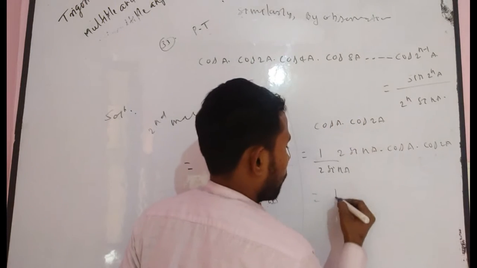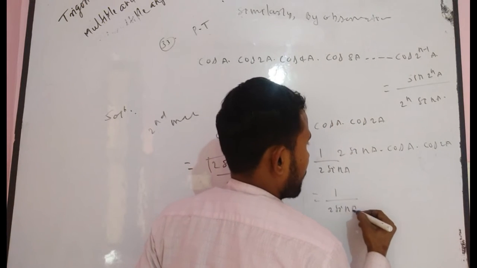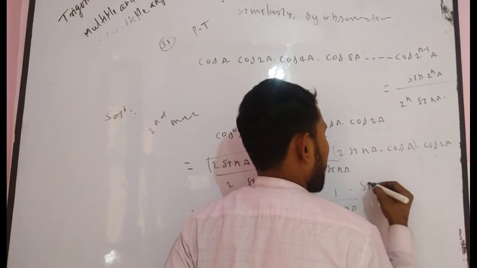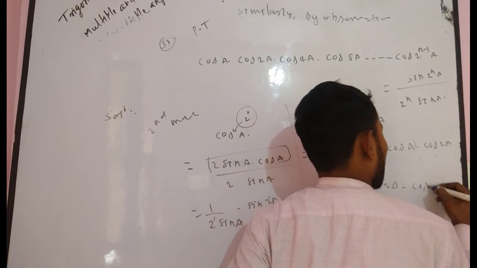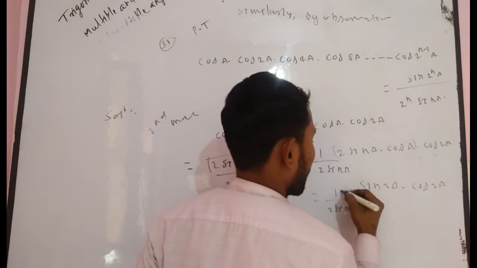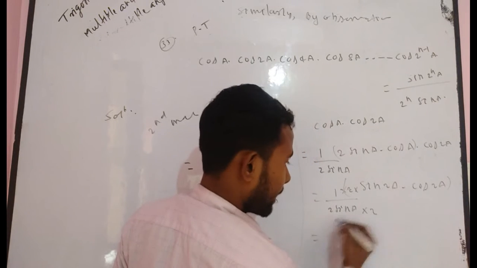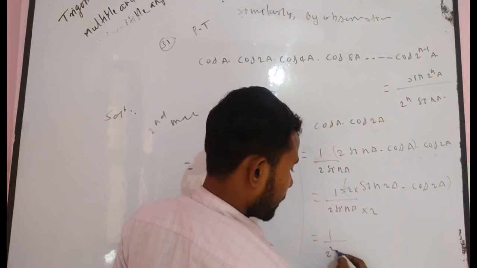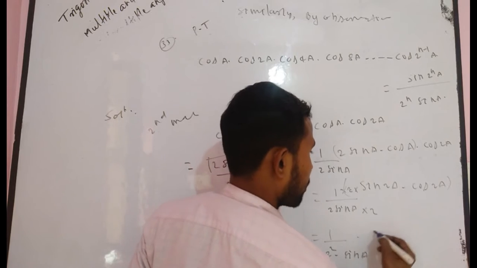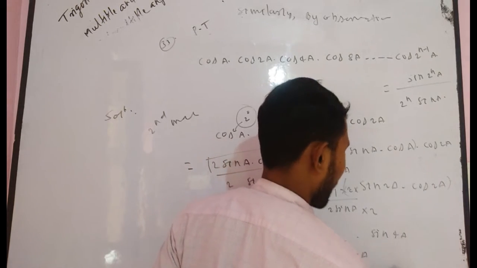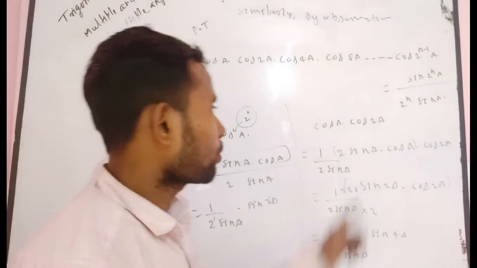Then you get 1 upon 2 sin A into sin 2A into cos 2A. If you multiply again by 2 and divide by 2, you get again in the numerator sin 4A, and it will be 1 upon 4, that means 2 squared, into sin A into sin 4A.